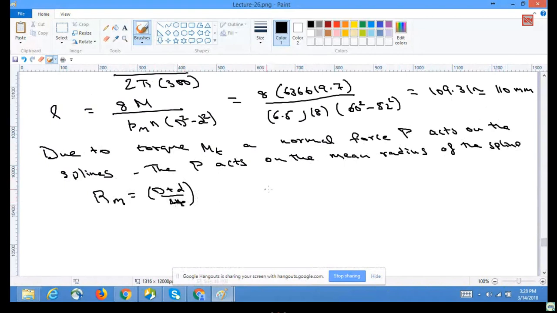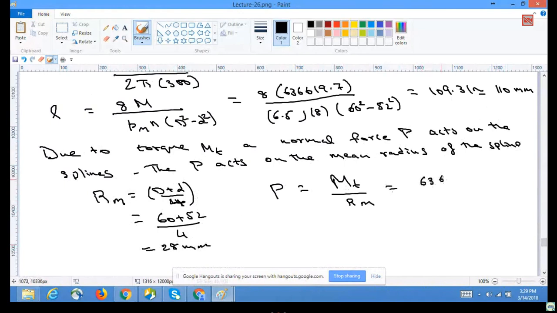So our P is equal to MT by RM, because our RM is 60 plus 52 divided by 2 gives mean diameter, and by 4 gives mean radius, that is 28 mm. So 636,619.7 divided by 28 gives us 22736.4 newtons.